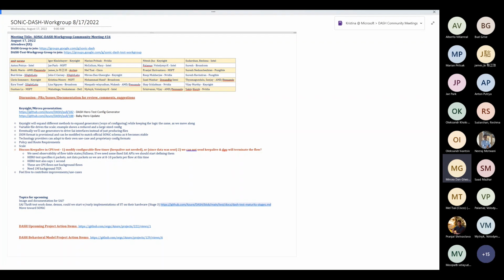The problem is if the DPU is not able to do 5 million and it does, let's say, 2.5 million, then you need to have the flows live for 2 seconds in order to have a flow table installed in the DPU of 5 plus 1 plus 1 million. Otherwise, your flow table will be very small. The flow table will not get full if you don't keep those flows alive.